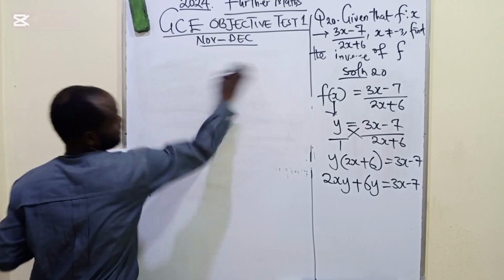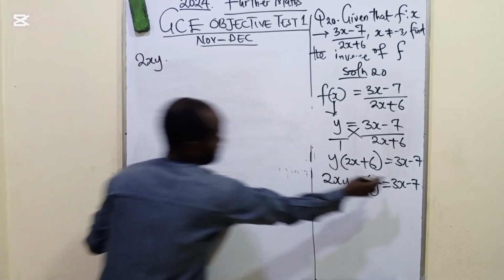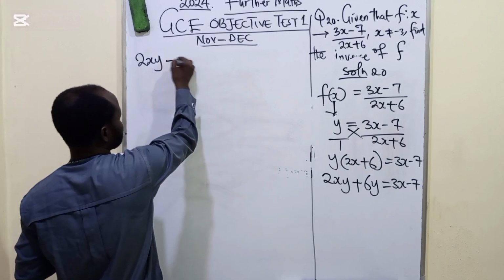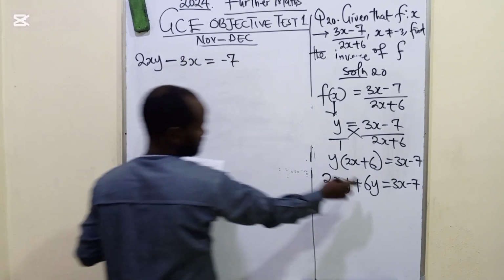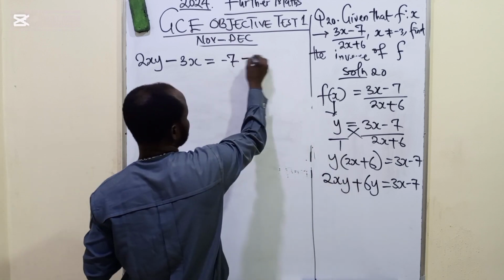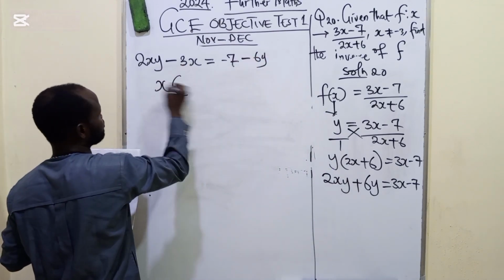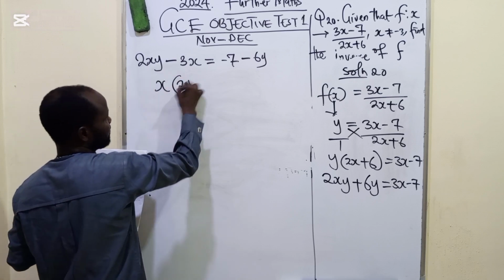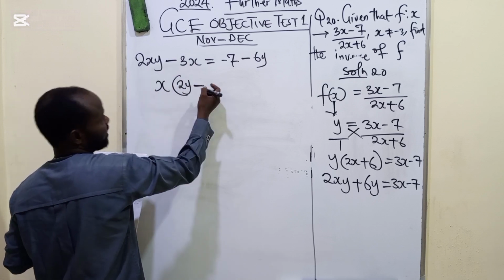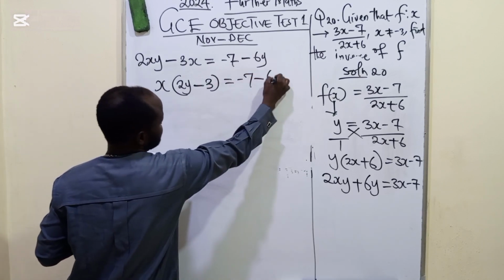It will be 2xy minus 3x equals minus 7, then this plus 6y will be minus 6y. We factor out x: 2xy divided by x is left with 2y, minus 3x divided by x is left with 3, will now be equals to minus 7 minus 6y.